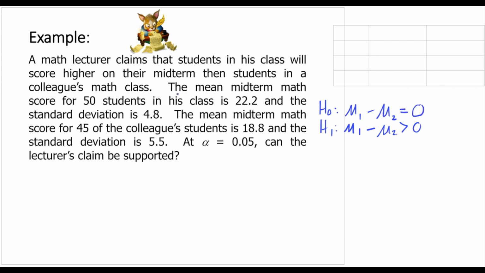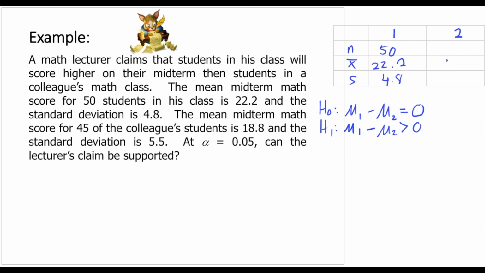Okay, let's extract the values in the paragraph. The mean midterm math score for 50 students in his class. So I will name the groups in his class as 1 and in his colleague's class as 2. 50 students in his class, the sample size is 50. The sample mean is 22.2 and the sample standard deviation is 4.8.